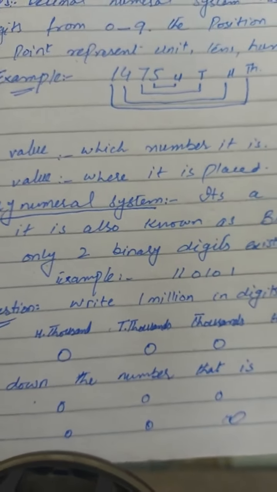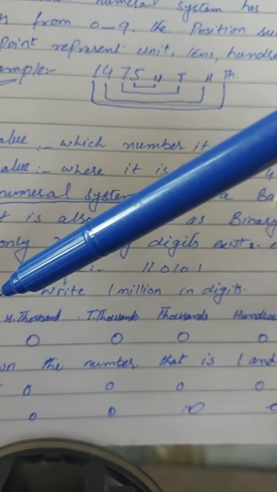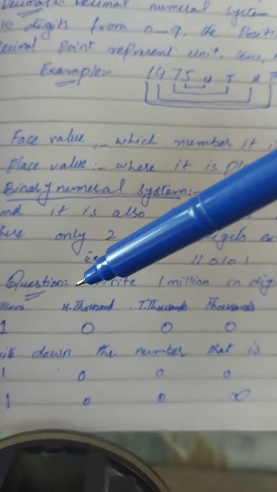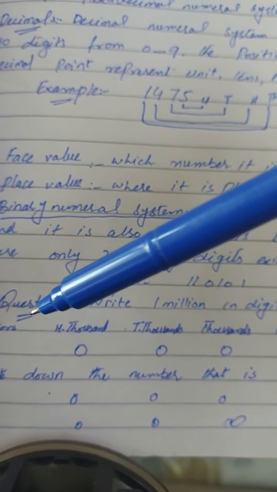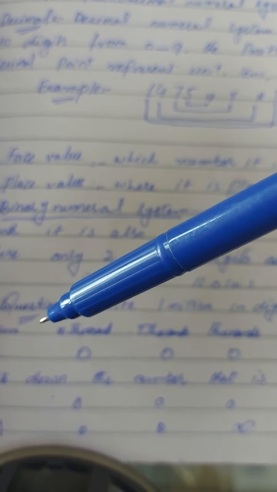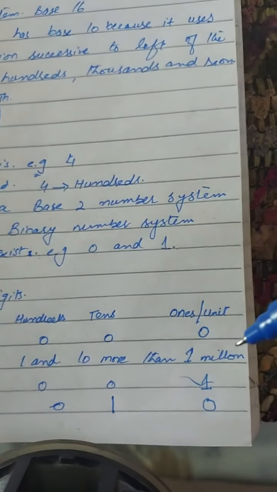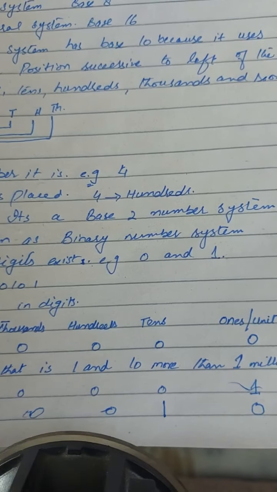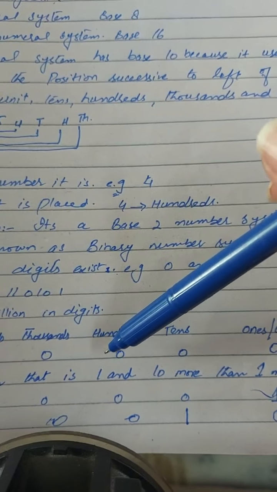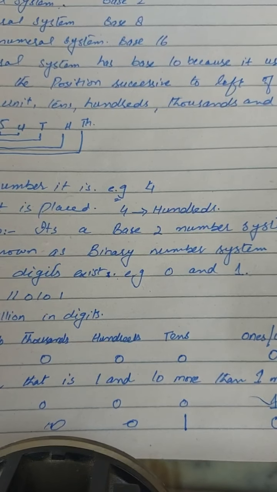And in 1 million, how many zeros will you have? You will have 6 zeros in 1 million, right? And 1 million is equal to 10 lakhs, right? Then if I ask you to write down the number that is 1 more than 1 million, or 10 more than 1 million, what will you do?